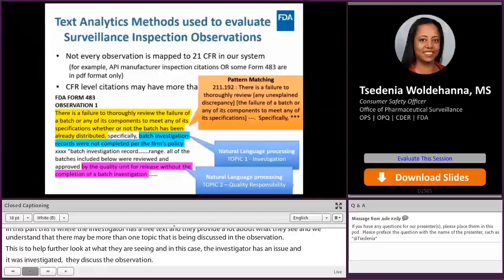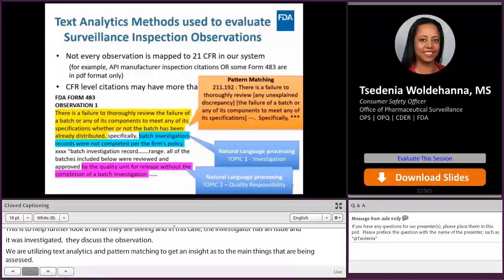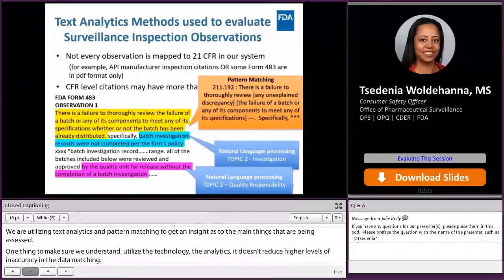One thing to make sure you understand: utilizing these types of technologies or analytics does introduce a higher level of inaccuracy into data matching. So this is used towards a higher level of matching or trend analysis, and not in the evaluation of each individual observation.